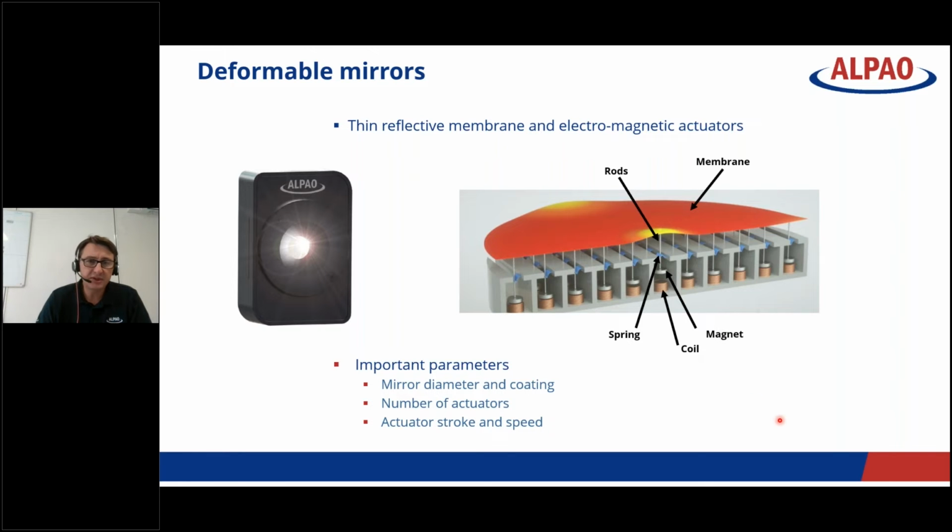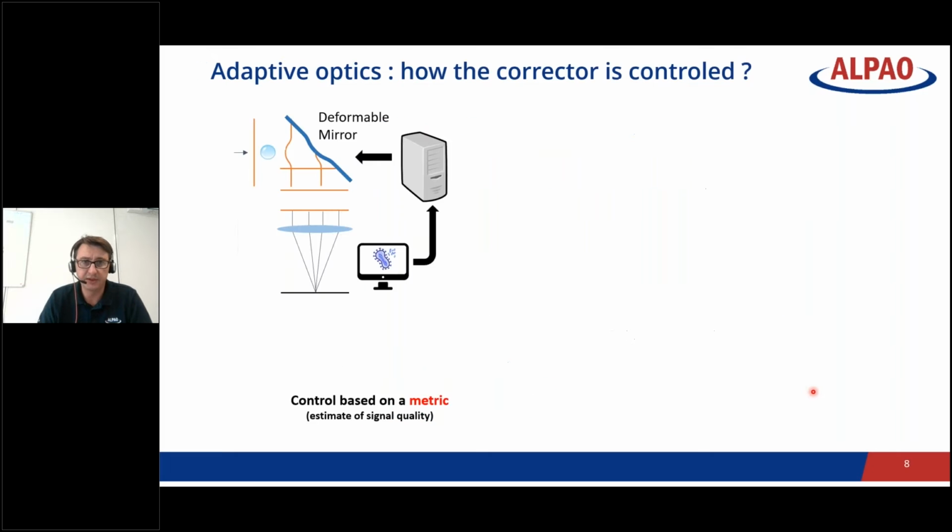So now the question is, you have a wavefront corrector, a deformable mirror, but how do you control it? How do you know what kind of actuator command you have to send to correct for the wavefront? There are different methods. I will start with the most simple way.